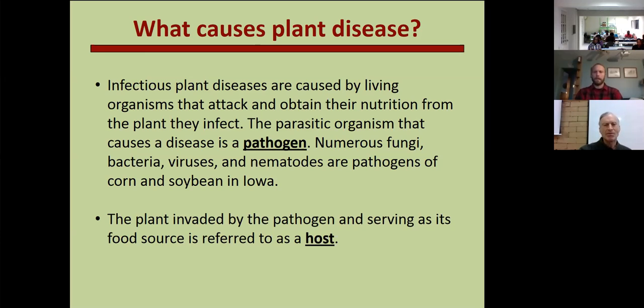And so that's what we have with infectious plant diseases. In this case, the parasite is called a pathogen. So there are fungi, bacteria, viruses, nematodes, and some other groups that are pathogens of many different kinds of plants. And the plant that is getting sick, that's invaded by the pathogen, is called the host.